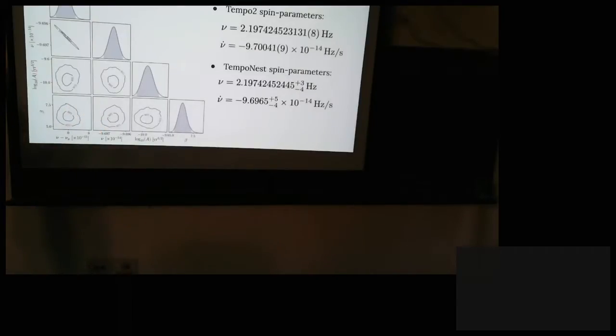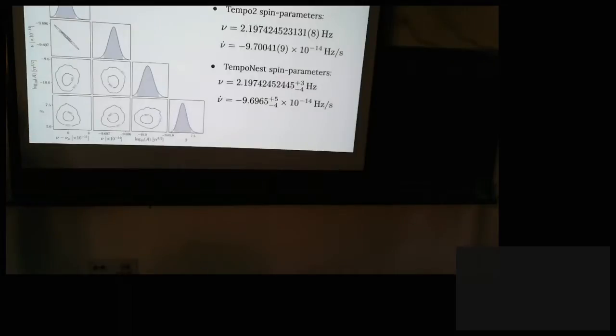The number in brackets is simply the uncertainty on the final digit for those numbers. And Tempo2 is claiming that you can measure these parameters quite well without accounting for your timing noise model, and without accounting for the timing noise itself.